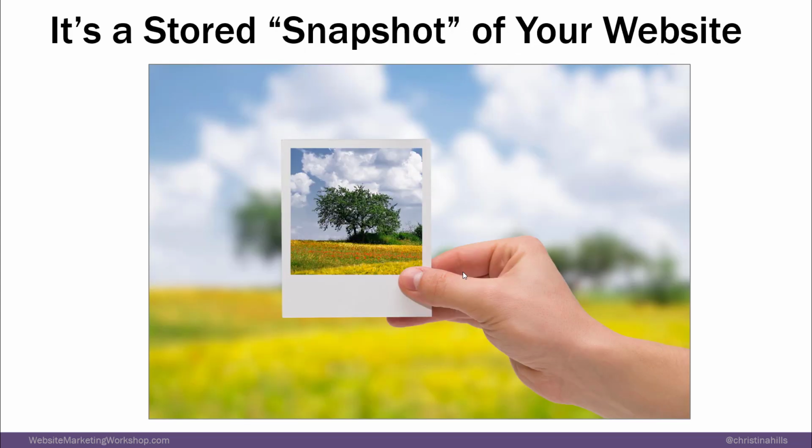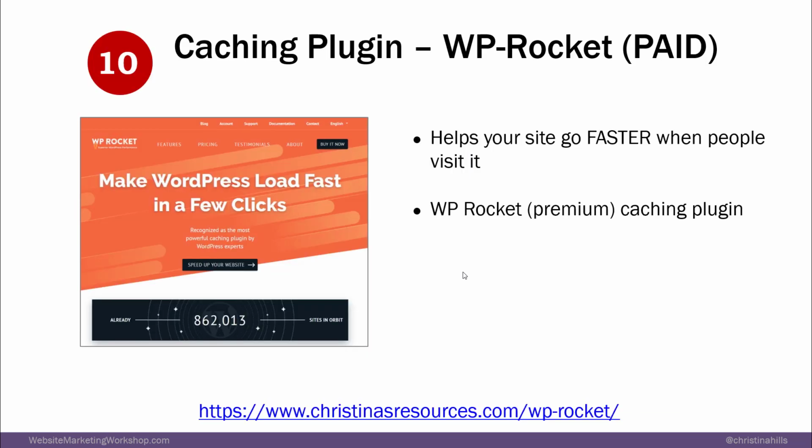Most of the time your site's not changing every single day, and every single page is not changing. If you add a new blog post, okay, that's something new. Or if you update and change a headline and change a title, okay, that's something new. But most of the time your site's not changing. So why not have a caching plugin? WP Rocket is my favorite.